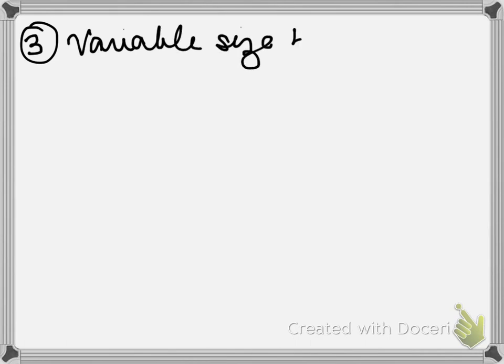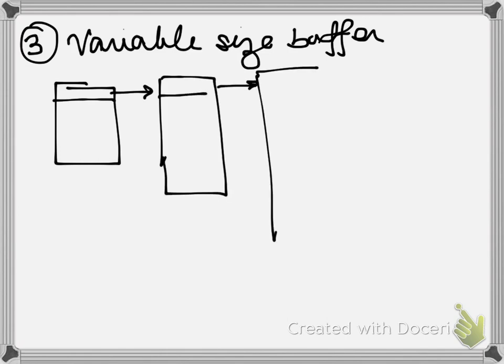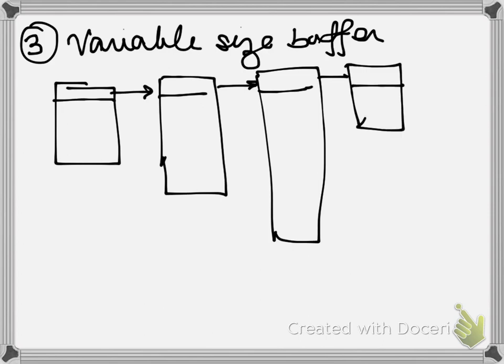The third is the variable sized buffer. Here again you can have a linked representation. Now the segments are not of the same size, they are of different sizes. If it is a large segment, you put it in a large buffer.